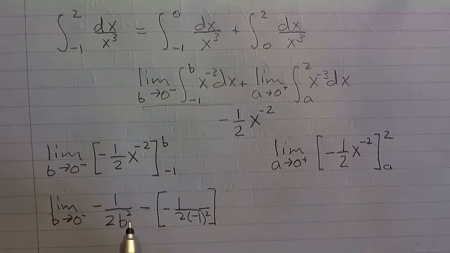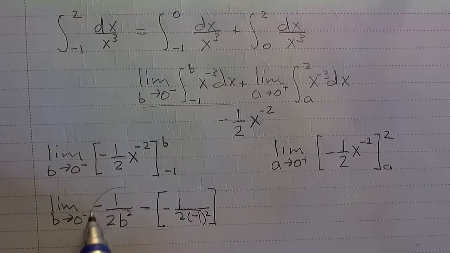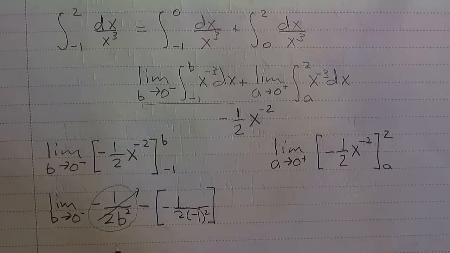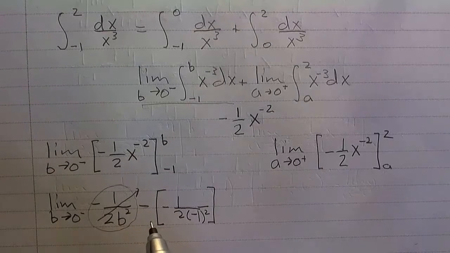However, notice as b goes to 0, this part is going off to infinity. So this part diverges. In fact, I guess it's going to negative infinity, right? As b goes to 0 from the left, yeah, it's going to negative infinity. The point is, this thing diverges.